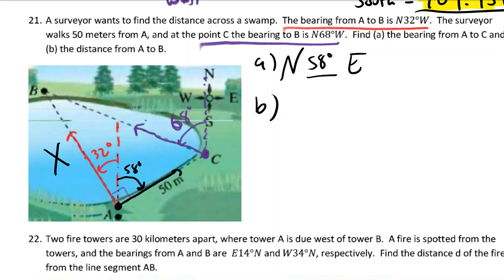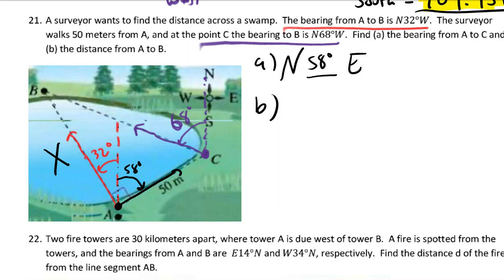Or what's the other way to find a side? Okay, so SOHCAHTOA. But for a SOHCAHTOA equation, you need to include the side you're trying to find. You need to pair it up with the side you know the length of, and you also need one of the acute angles.